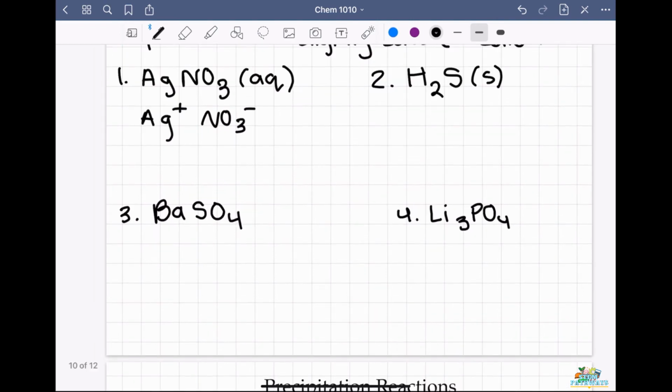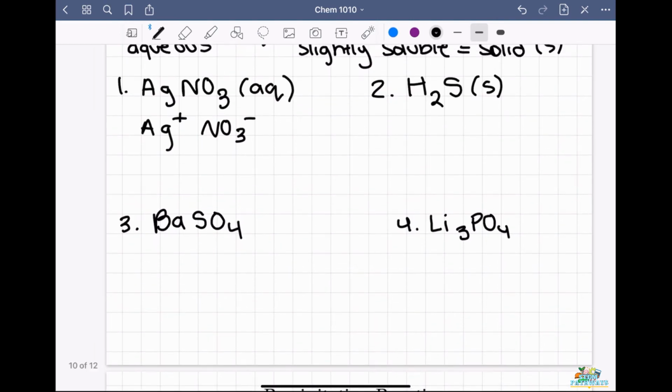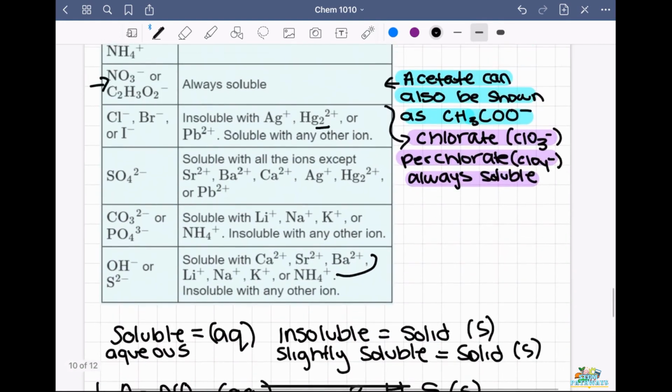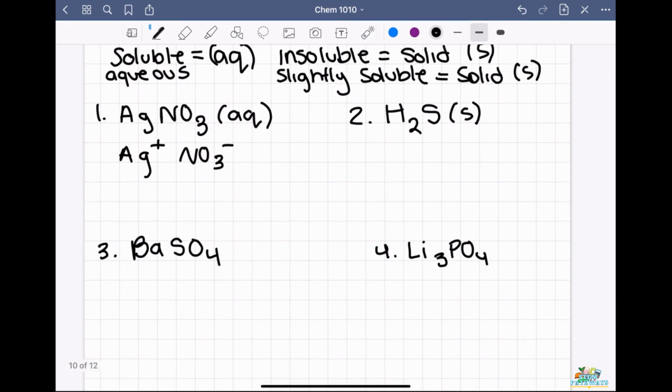Our last 2 problems, we have barium sulfate. If we come up here, we see it is soluble with all ions except right here, barium. And we know that there's a 2 charge here because the 2 from sulfate is not right here. But if it was, then this would just mean that the barium had a plus charge. So that means that it would not dissociate and it would be a solid.